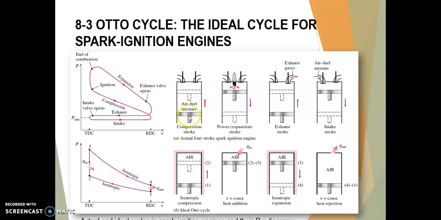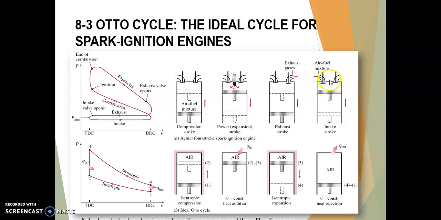Then it will be moved to the compression stroke, while the piston will be pushed to the top maximum, or the top dead center, while both valves will be closed. Here in this part, we have increased the pressure, we have increased the temperature, which reaches point number 2.